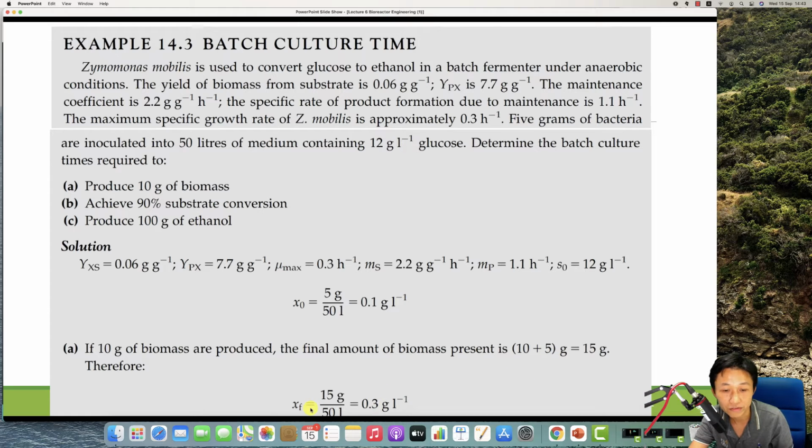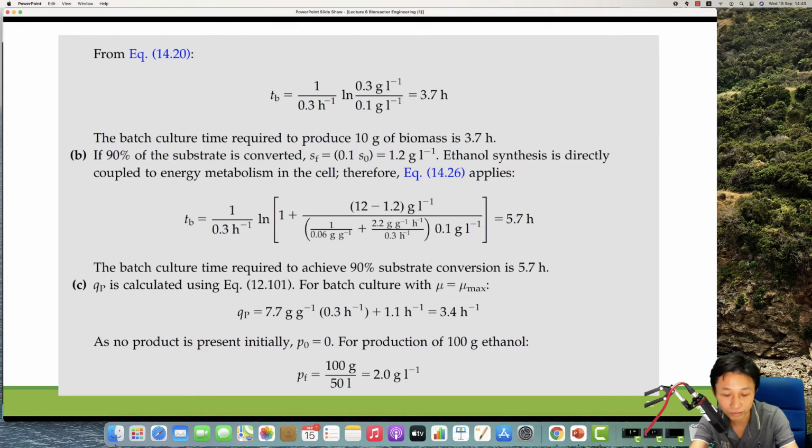Okay, you have XF here. After you have XF, 0.3, you use this equation, and then the time is 3.7 hours. For 90% conversion, the culture time, you use this equation, and then you have 5.7 hours.